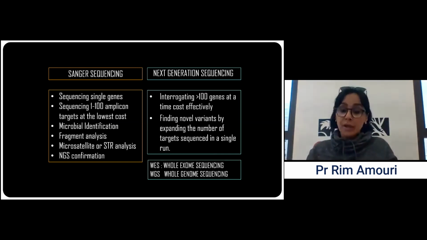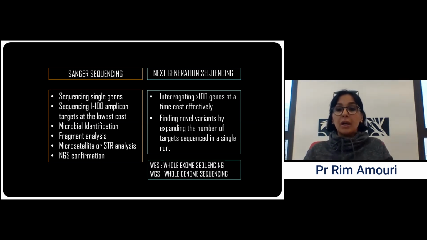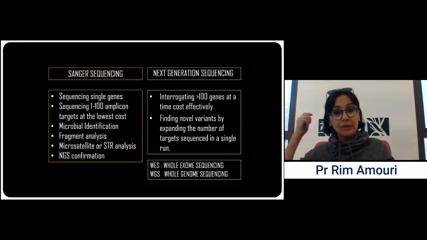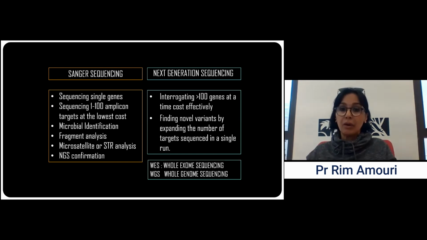While next generation sequencing is faster, cheaper, and perfect for screening over 100 genes at a time, and also finding novel variants by expanding the number of targets in a single run. So thanks to NGS, we now have two methods, whole exome and whole genome sequencing, which are increasingly used in healthcare and research to identify genetic variation.